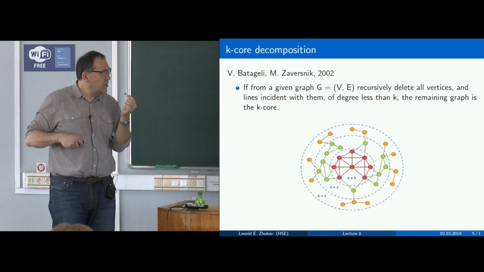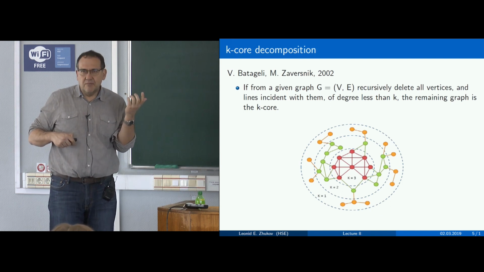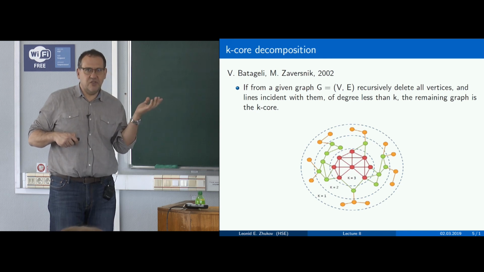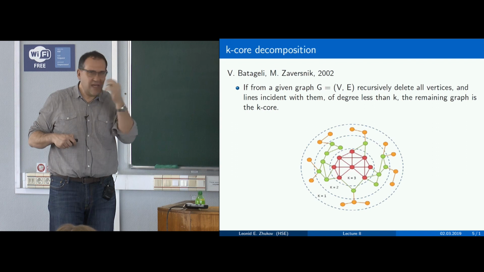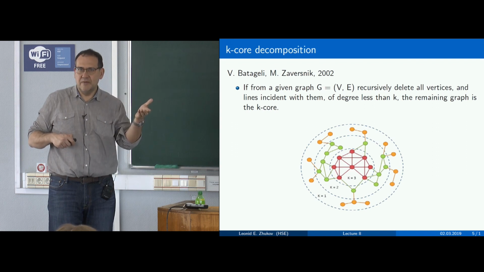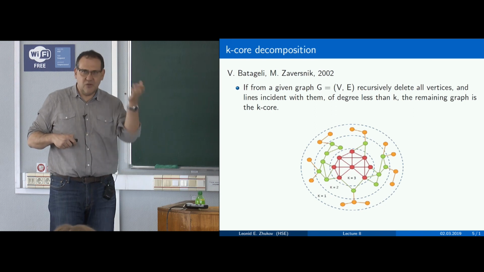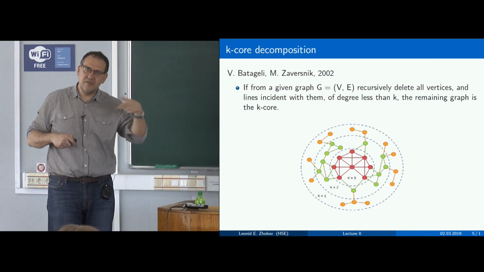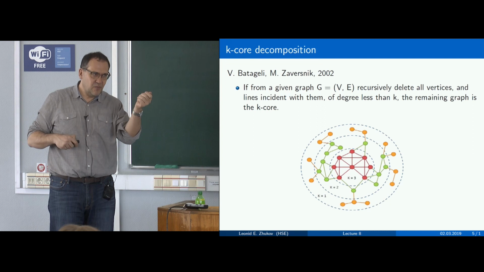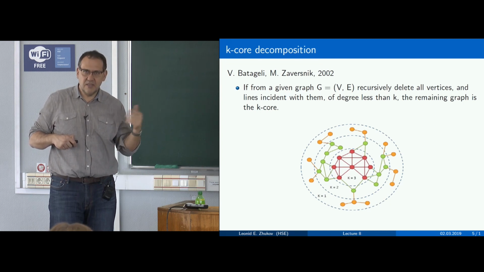Because if you have a long chain and you say, let's remove nodes of degree 1, well, this will not cut out the chain, because every node in the chain has degree 2, except for the last one. You cut it out, and you still have your chain. So you need to recursively do it until you reach the point where the node degree, after you remove its neighbor, is not 1 anymore.